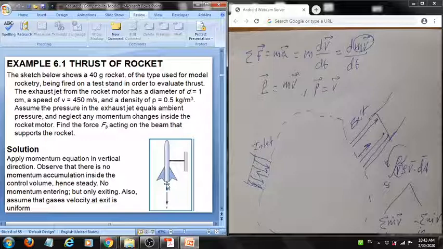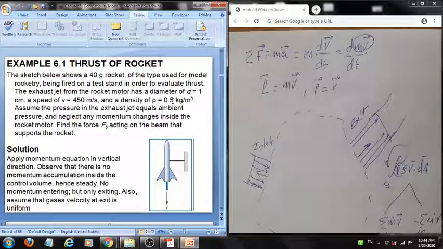We remember that a jet is an organized fluid that has certain velocity, and usually it travels in atmospheric air, so the pressure around it will always be atmospheric pressure. Under these conditions, the gases leave the rocket at a speed of 450 meters per second downward.